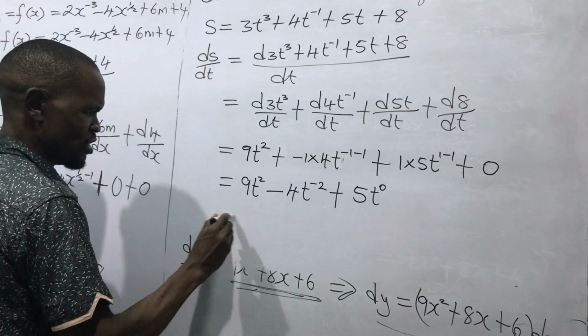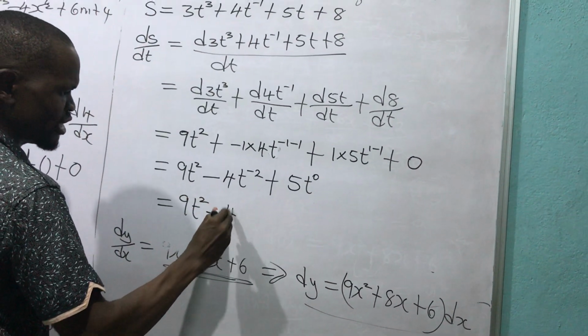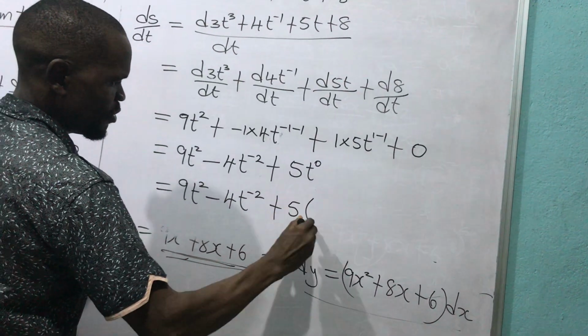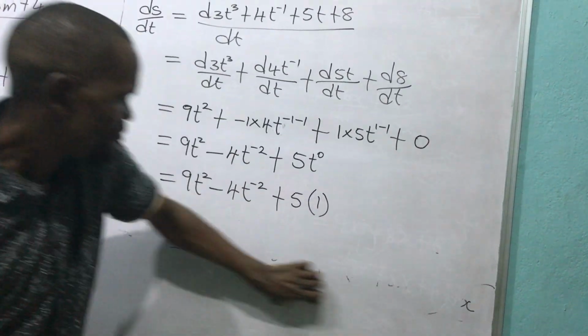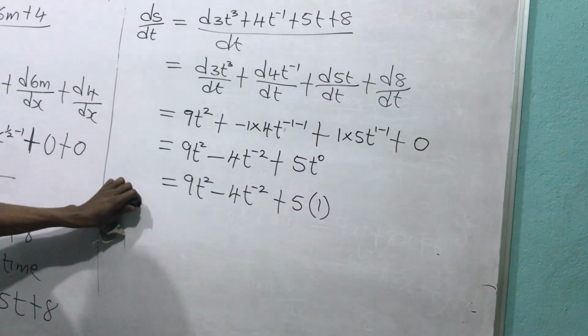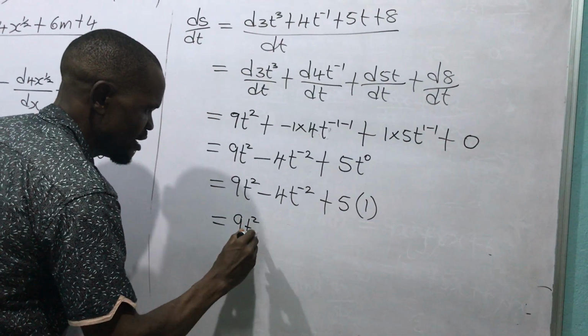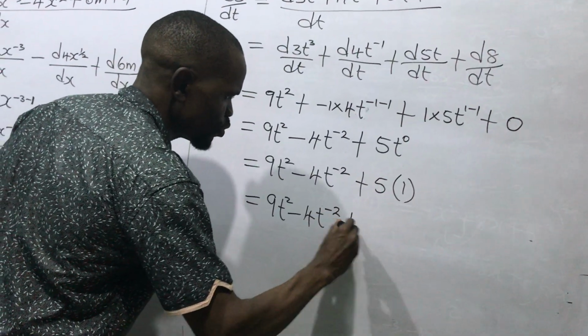And my answer will now be 9t raised to the power 2 minus 4t raised to the power minus 2 plus 5. Anything raised to the power 0 is what? 1. And that gives me 1 there, and 5 times 1 will give me 5. I will have this to be 9t squared minus 4t raised to the power minus 2 plus 5.